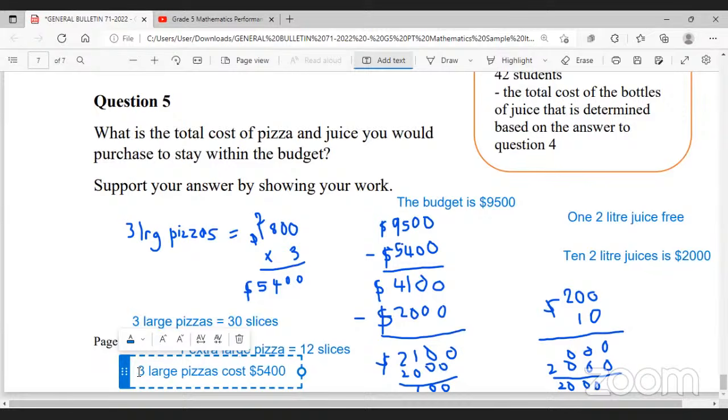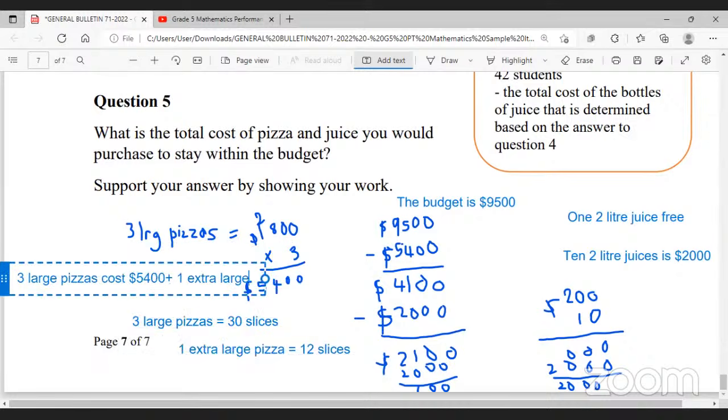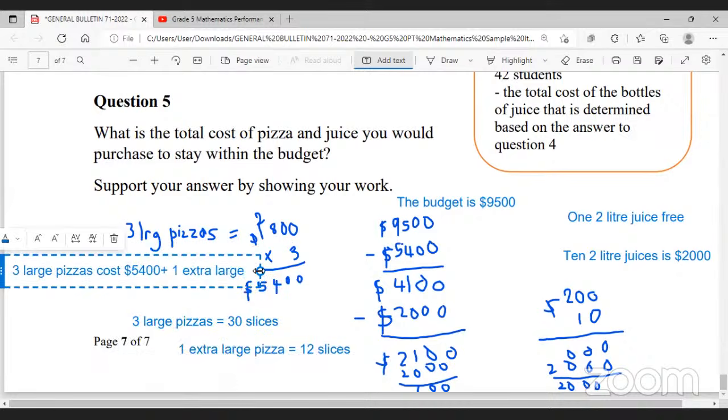And I knew that, plus 1 extra large pizza, cost $2,000.